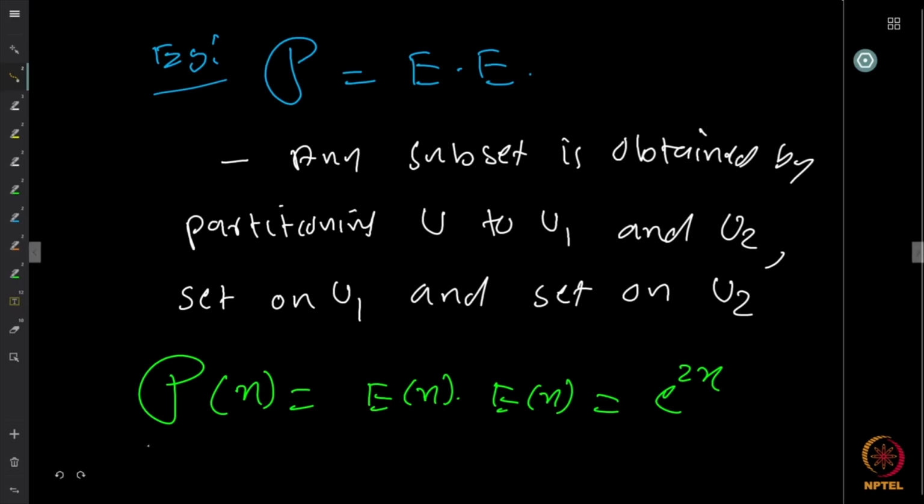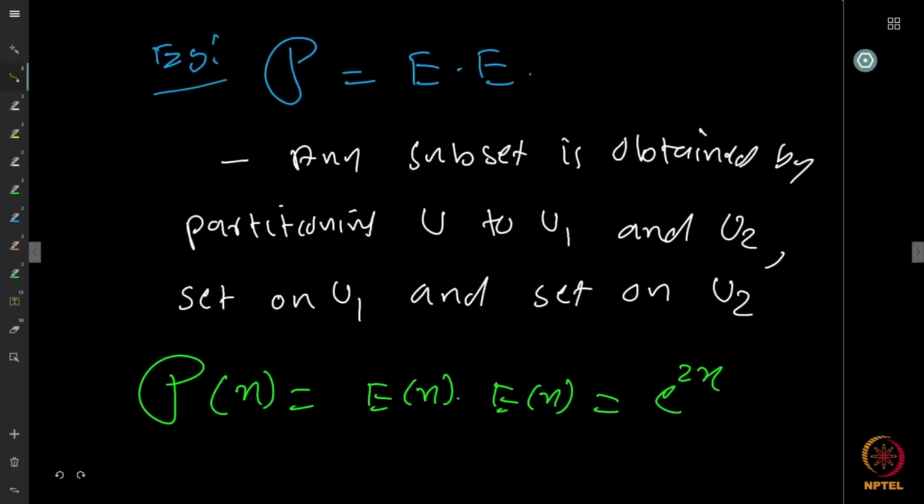And that should also make sense because we get e raised to 2x. The number of objects of this type, if you look at the coefficient of x raised to n, will be 2 raised to n. On the other hand, when it is e raised to x, it is just one; there is only one set structure on it. So you get this directly from here.